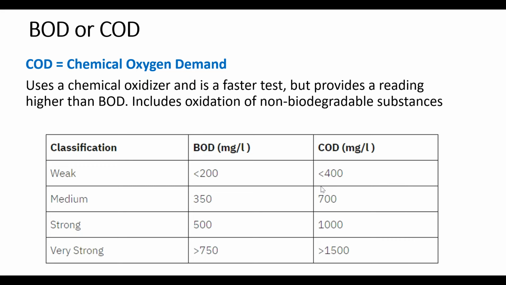BOD is just looking at what microorganisms can consume, where COD could also oxidize inorganic things that the microorganisms would not even eat, would not consume. So you'd have to take your COD along with your BOD for a while to get an idea of your particular waste stream, what is an equivalent COD.